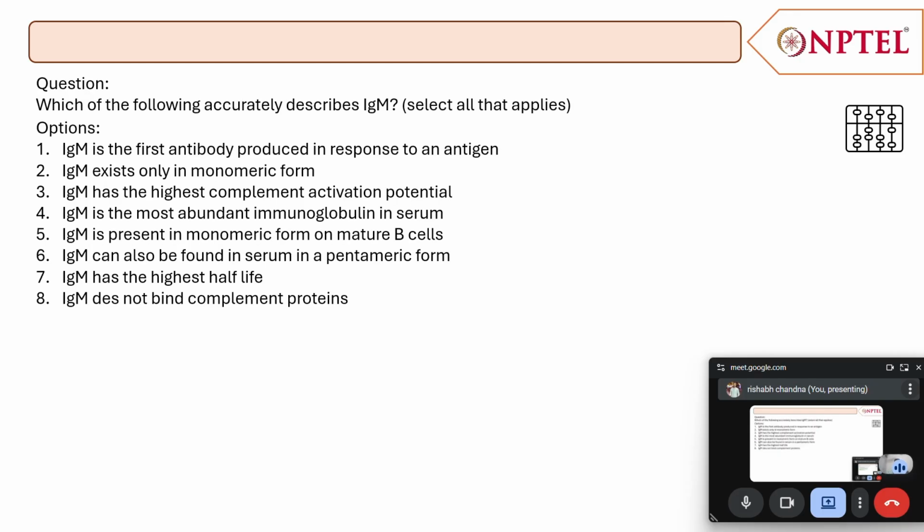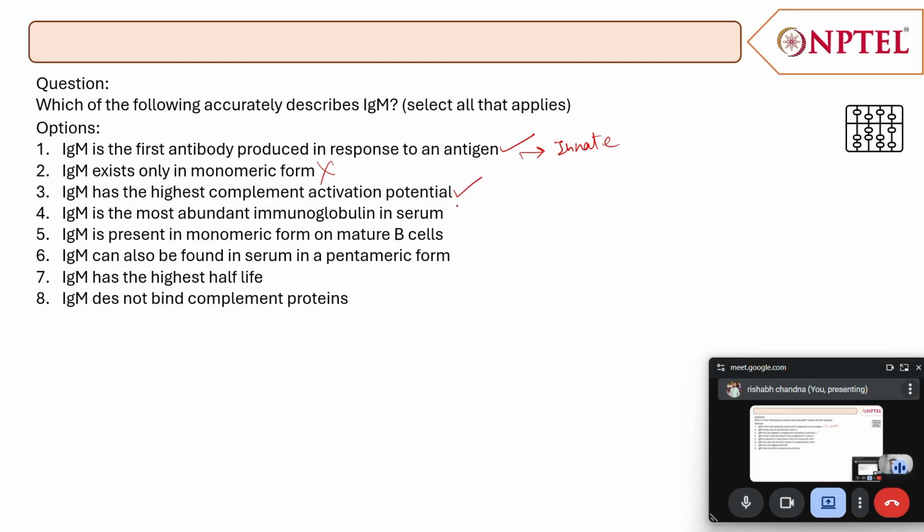Moving on to the second question, which of the following accurately describes IgM? So let's see the options. IgM is the first antibody produced in response to the antigen. Yes, that's why it is considered to be a part of the innate immune response. IgM exists only in monomeric form? No, it exists in both pentameric and monomeric forms. IgM has the highest complement activation potential.